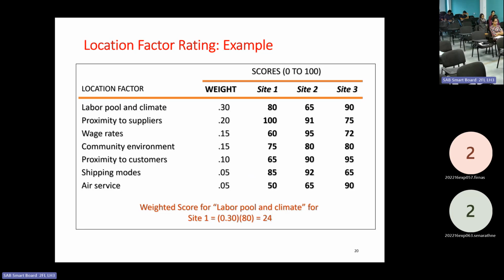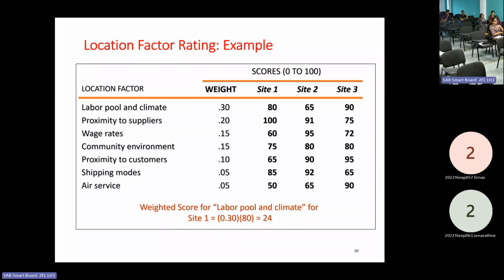So here you see, this is basically a factory, like a garment factory, that depends on labor mostly, right? So they have identified these as location factors: labor pool and labor climate, proximity to suppliers, wage rates and others.